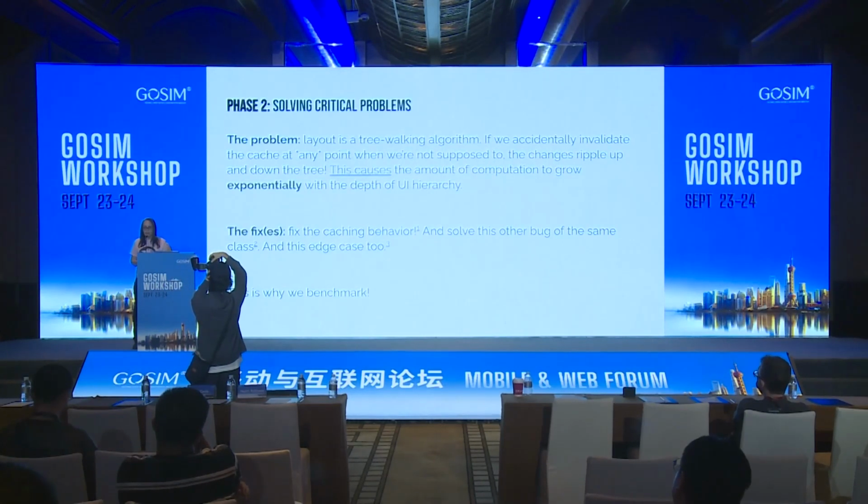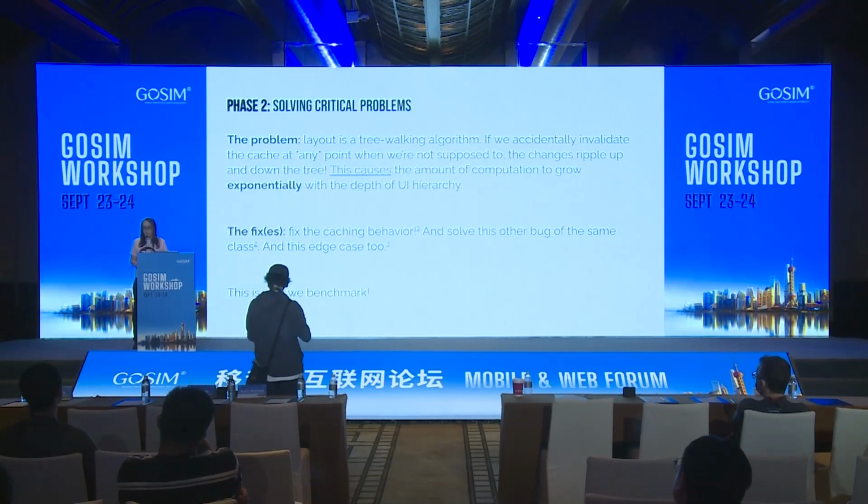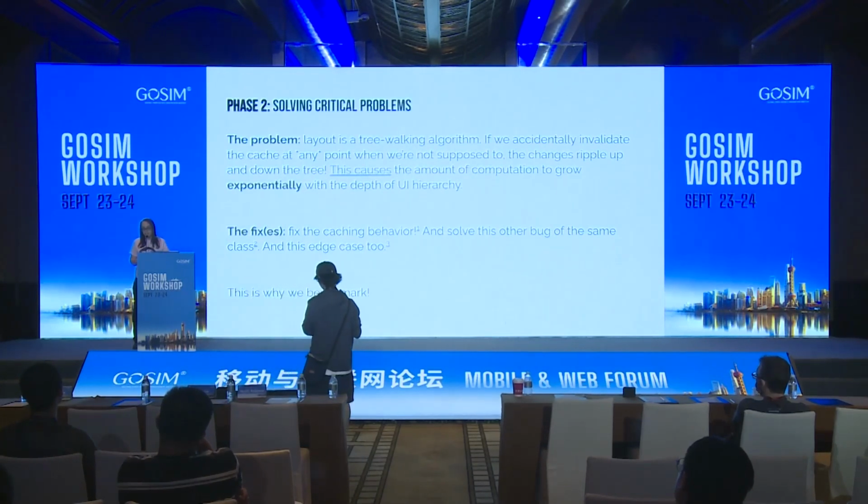And it's very easy for that sort of operation to become exponential in time, because you're going up and down the tree, and so you end up with an exponential number of possible paths. The solution to this is to use caching. You say, okay, we already know this, we don't need to touch it. But if you screw this up at all, everything just falls apart and becomes exponential time again.